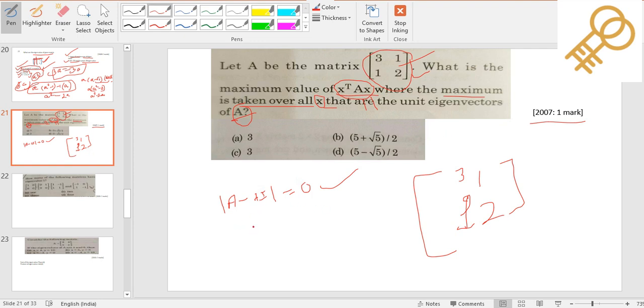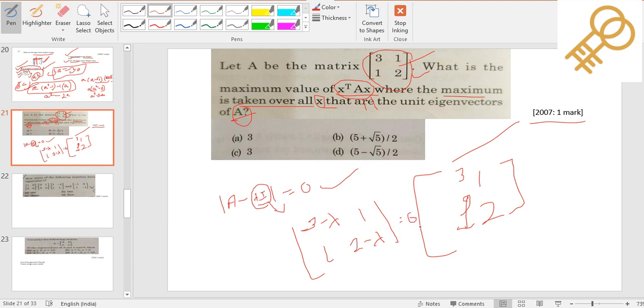So A is given as 3 1 1 2. We have to subtract lambda times I, and as you know, I is the identity matrix. When you subtract this, you'll get 3 minus lambda, 1, 1, 2 minus lambda, and the determinant of this whole thing is equal to 0.